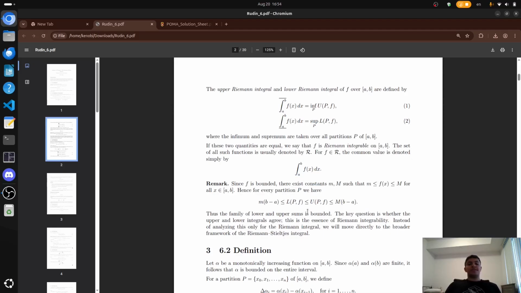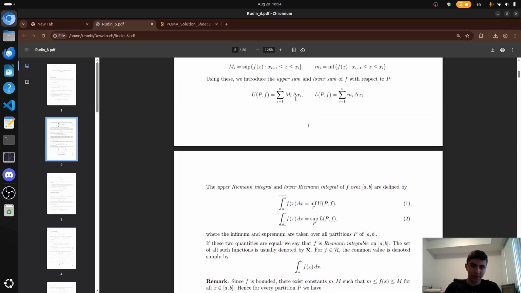Now, our remark is that m times (b - a) is less than or equal to L(P, f), which is less than or equal to U(P, f), which is less than or equal to M times (b - a). That's because the sum of all the Δx's you're adding over here is going to add up to b - a.